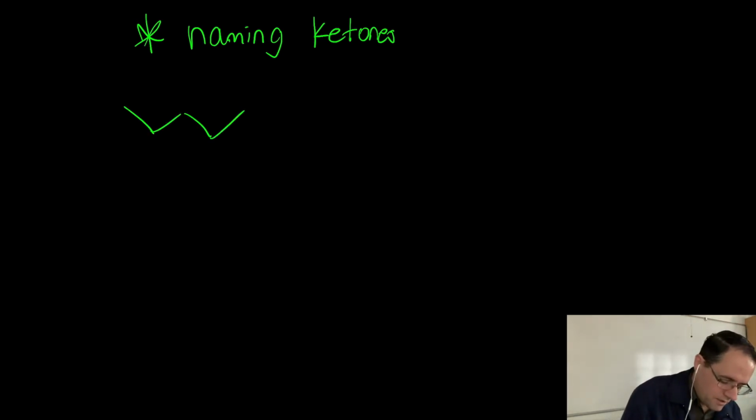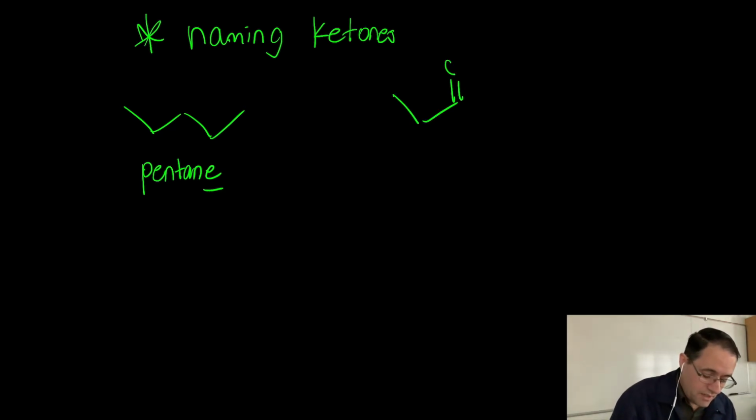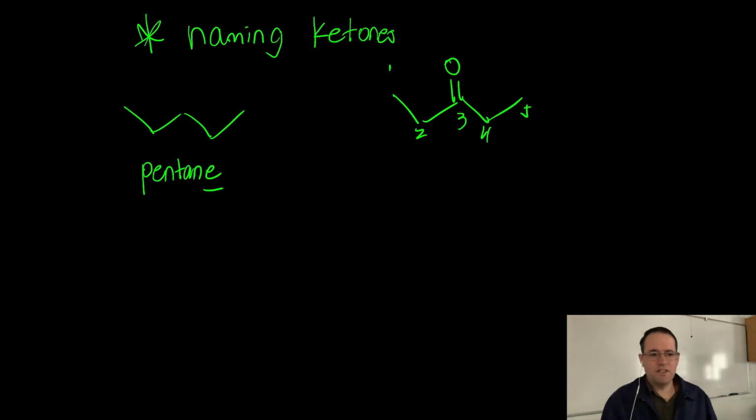So if we have a molecule that looks like this, we call that pentane again because that's the longest chain and it's very simple, right? And if we have something like this, we number the chain, and we have a number here. So this is going to be a pentanone.